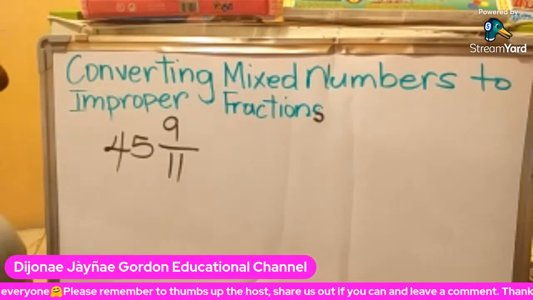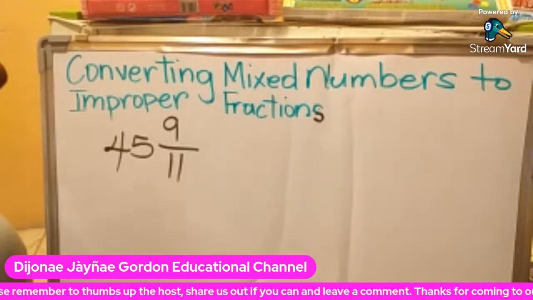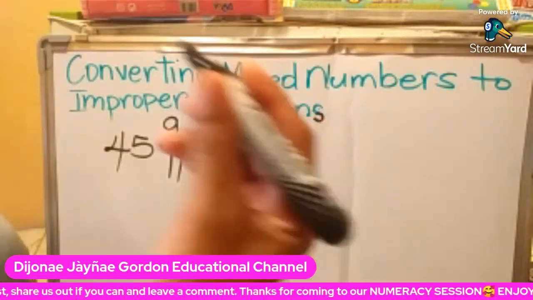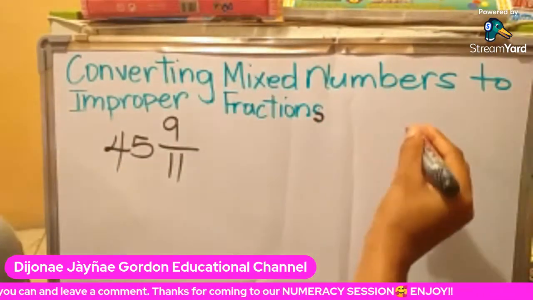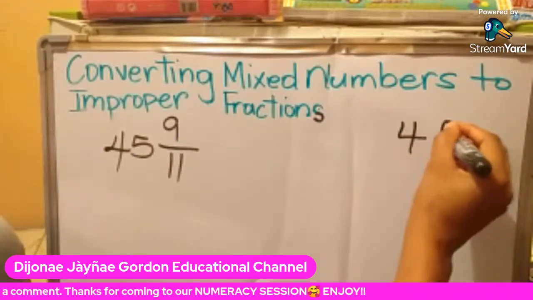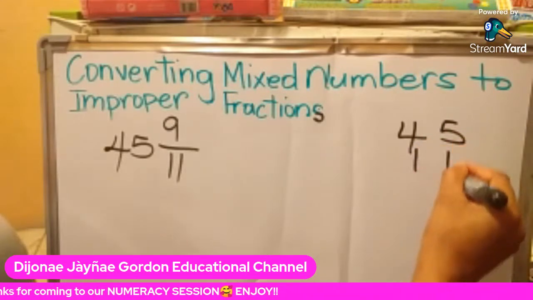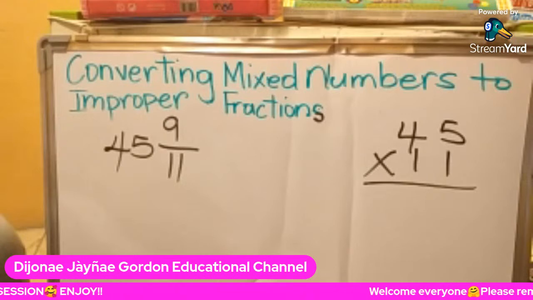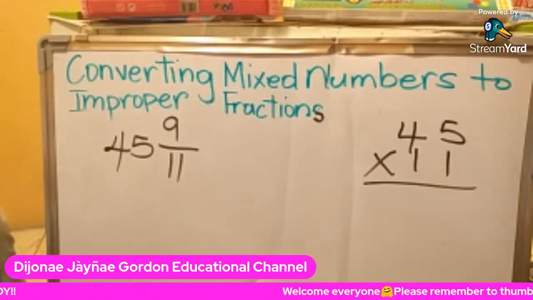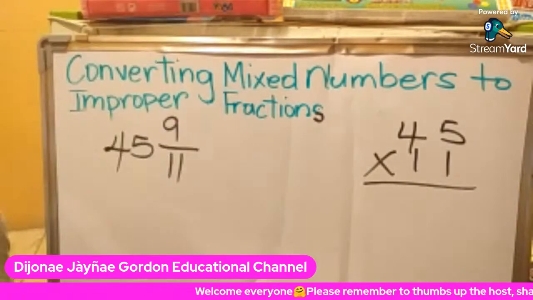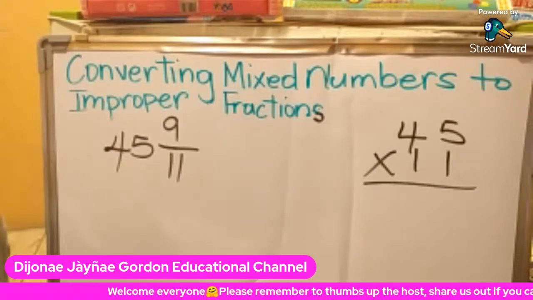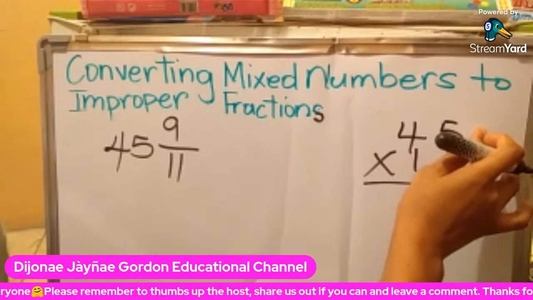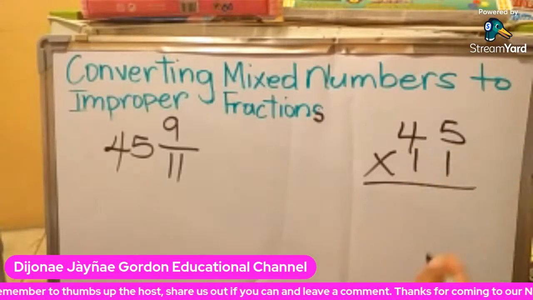So I see where Riri said 504 over 11. Let's see if that's the correct answer. So let's set it out the long way. 45 over 11. No, sorry, 45 multiplied by 11. So let's do it like this. 11 multiplied by 5 is 55.